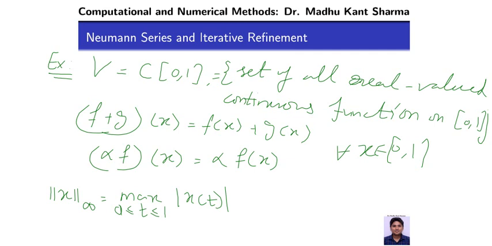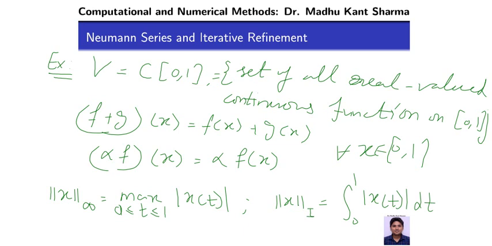The second norm I am going to define here is the integral norm, defined as the integration from 0 to 1 of mod of x of t dt. You can show that these actually define norms. Now we are going to look at the behavior of a sequence in this vector space.